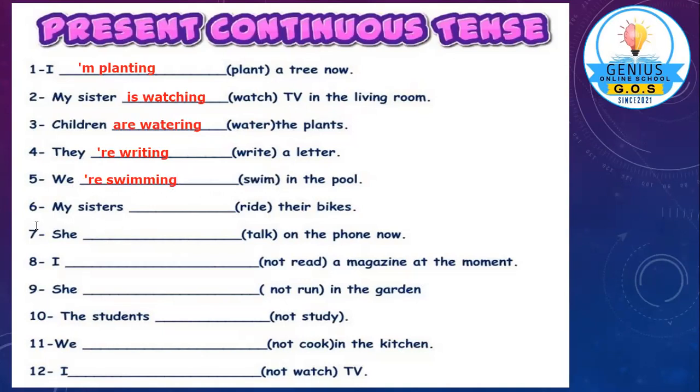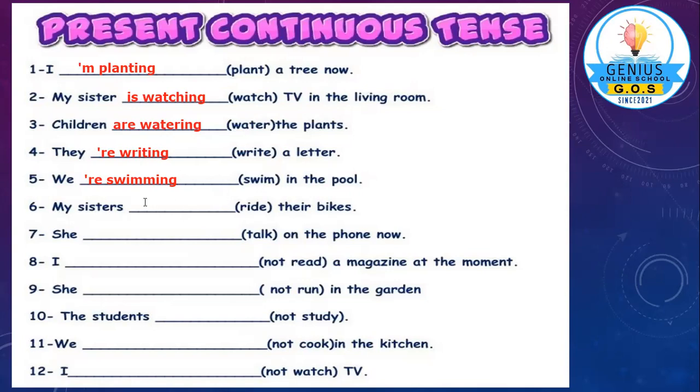A very important note here: if you have a verb that ends with a consonant letter, like swim, and before the consonant letter there is a vowel letter, like here the letter I, before you add ing, double the consonant letter.